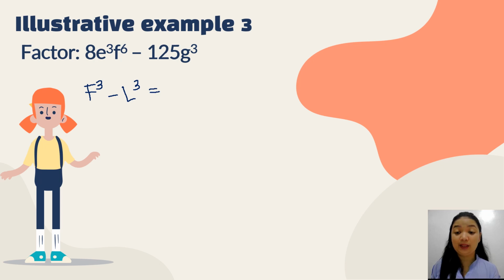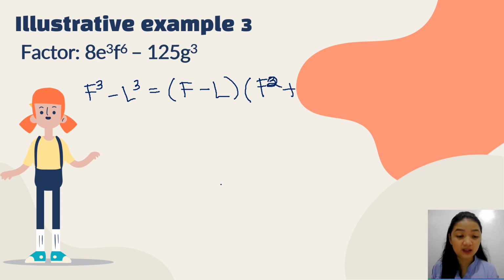It's actually equivalent to first term minus the last term times the quantity first term squared, since we already have a cube, plus first term times the last term plus last term squared.